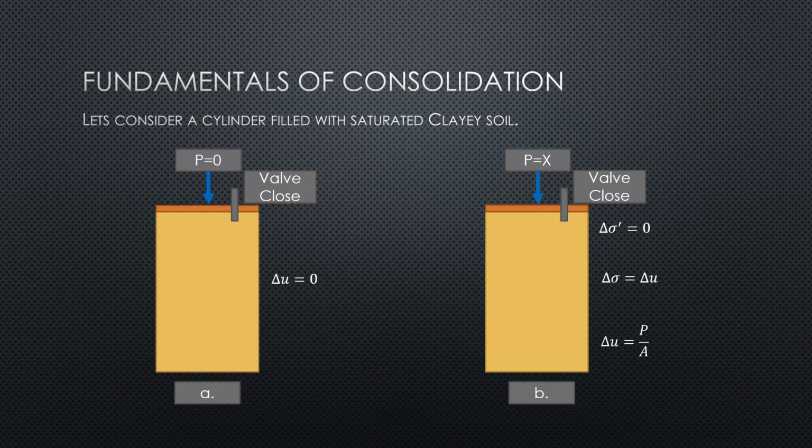Again, delta sigma prime is the increase in effective stress, and delta sigma is the total stress in soil. In this case, the total stress in soil is equal to the pore water pressure alone.